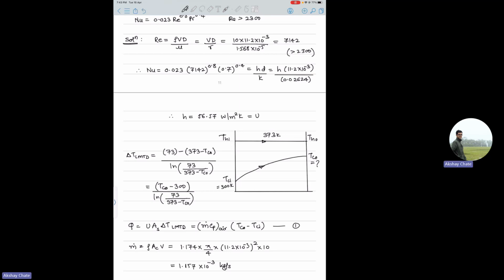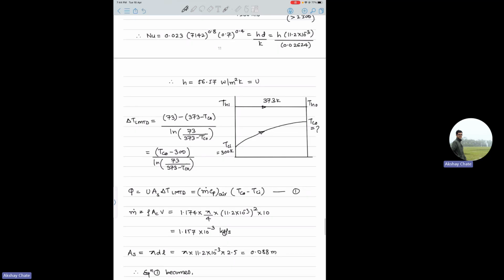So let me just do it once. 0.02624 divided by 11.2 into 10 to the power -3. Yeah, so I think it's correct.